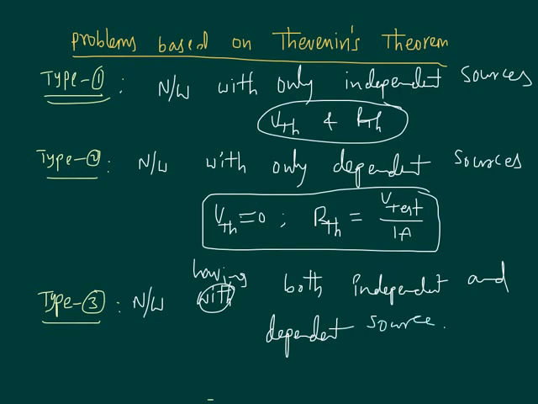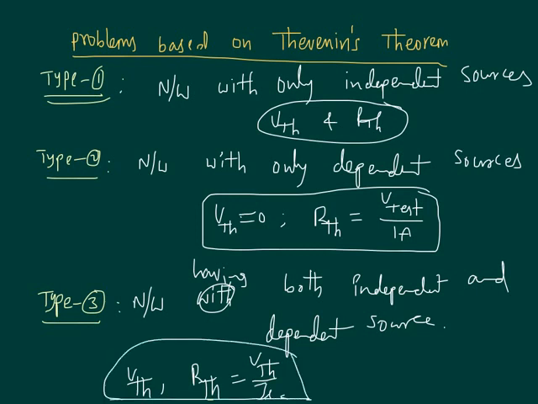Here we will calculate VTH and also RTH, but RTH is VTH by ISC. Later we will discuss in detail about this. Here ISC is short circuit current of AB terminals. VTH is open circuit voltage. Okay, that's it.